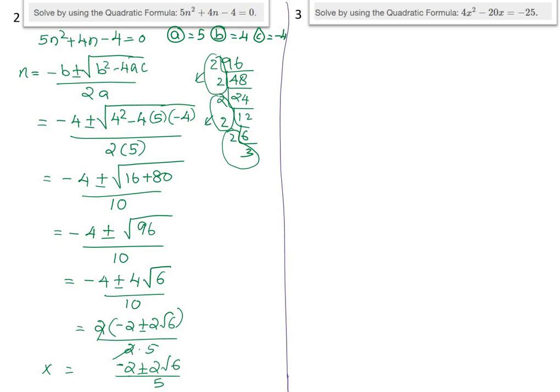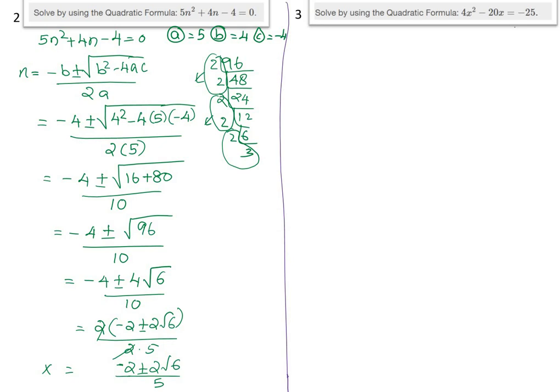That is 4x square minus 20x is equal to negative 25. But this is not in the general form. The general form is ax square plus bx plus c is equal to 0. Equal to 0 means one side should be 0. So the right side should be 0. But in this case it is not so. So we can convert that to 0.